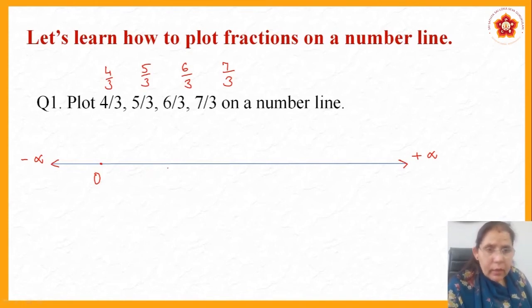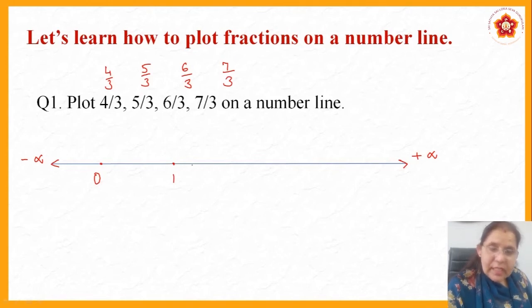Now I'll take the distance between points a little more. As I said, when we are marking the points, all you have to do is mark them at equal distance. This is my first point which I mark.